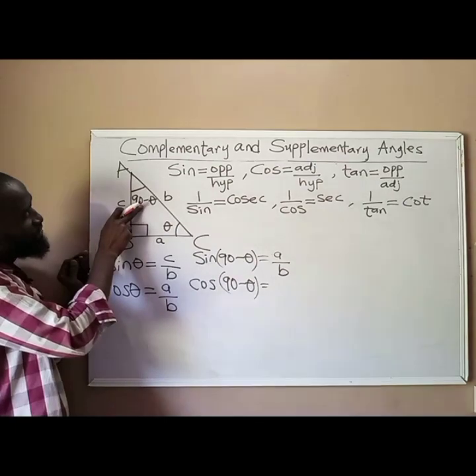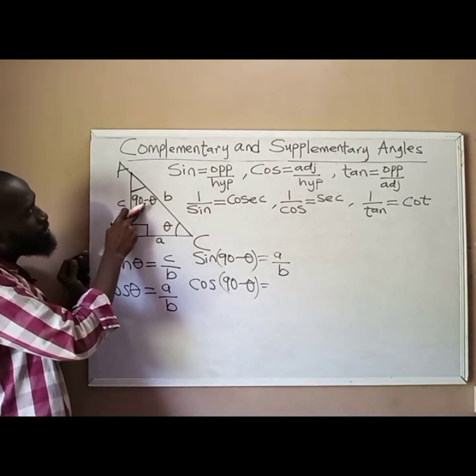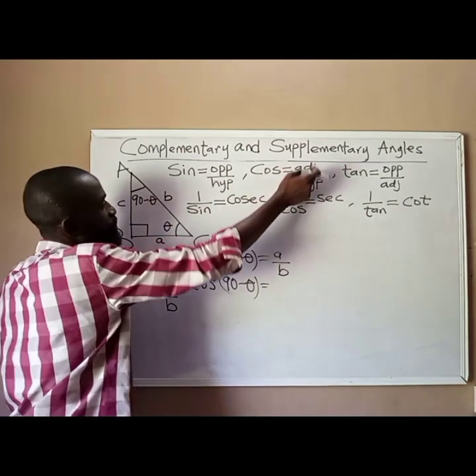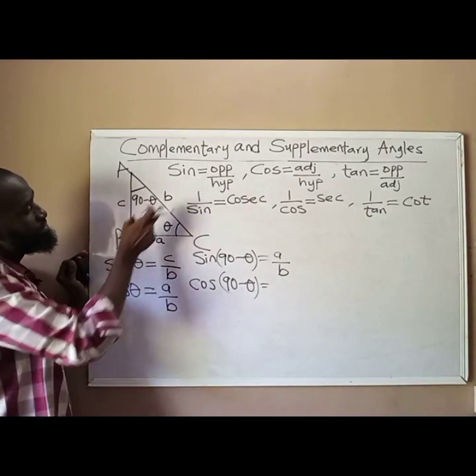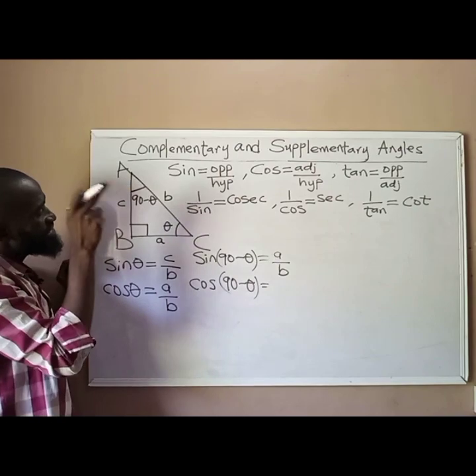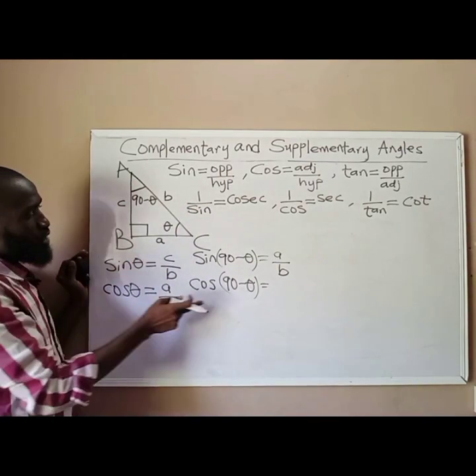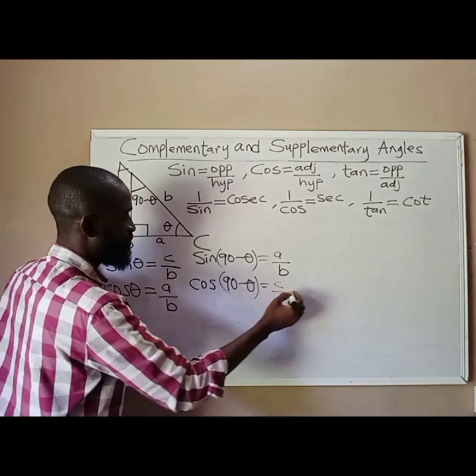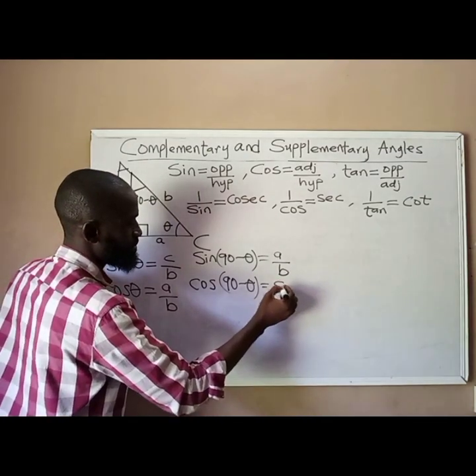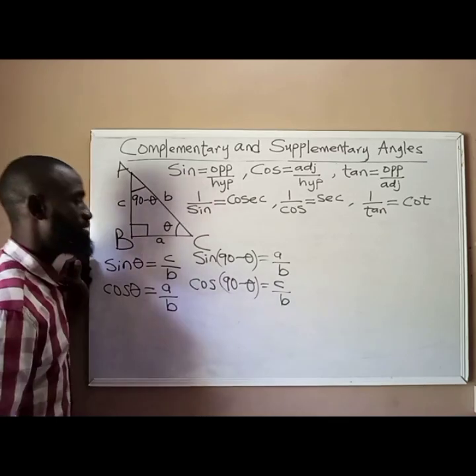Cos of this angle: cos is adjacent over hypotenuse. The hypotenuse of this angle is B. The adjacent is C. So our cos of 90 minus theta will be equal to C over B.